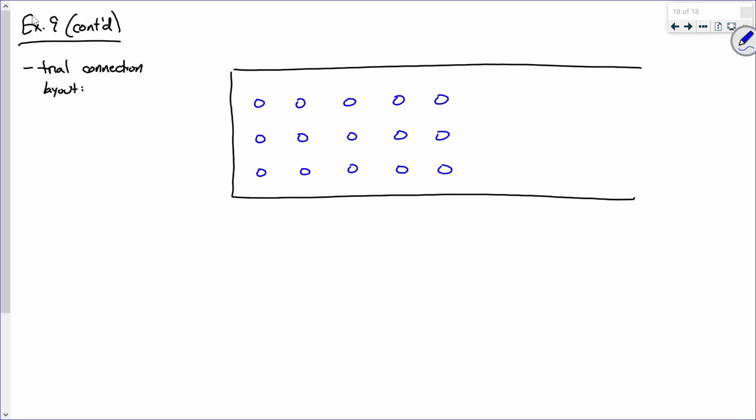There we go. If this dimension right here is, if that's 12 inches, what's each of these? Three inches.